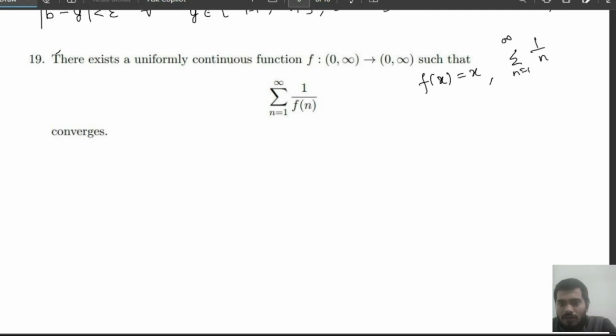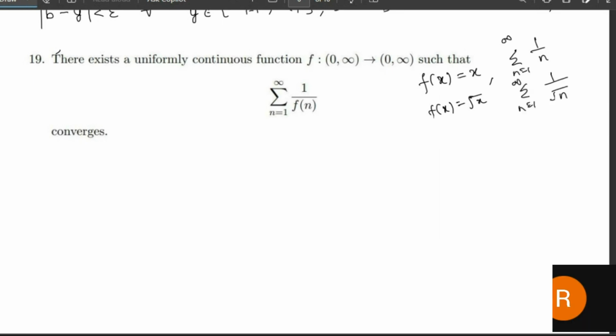And what about root x? Is it uniformly continuous on 0 to infinity? Yes. And is it convergent or divergent? Divergent. And what about then sin x? Is sin x uniformly continuous or not? It is uniformly continuous.